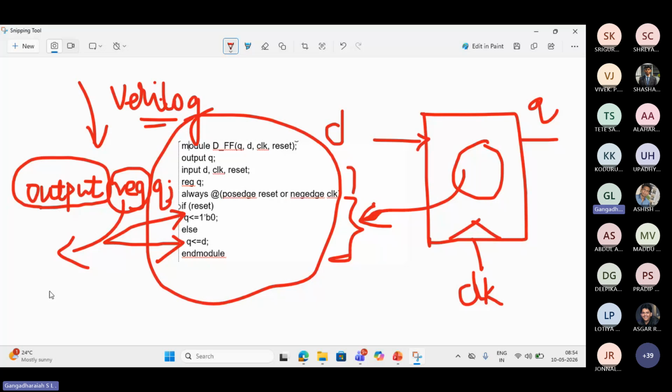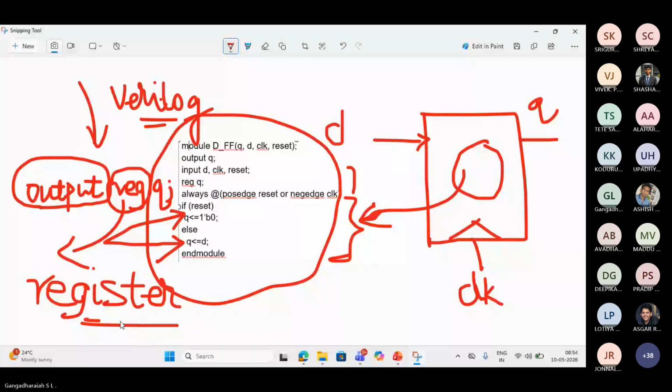This reg, when it gets synthesized, does it really give you a hardware register? Any guess, people who are working? No. Does it give me a hardware register all the time? Depending on the scenario, if you are looking at sequential purpose, of course, it may give you a register, but not all the time.